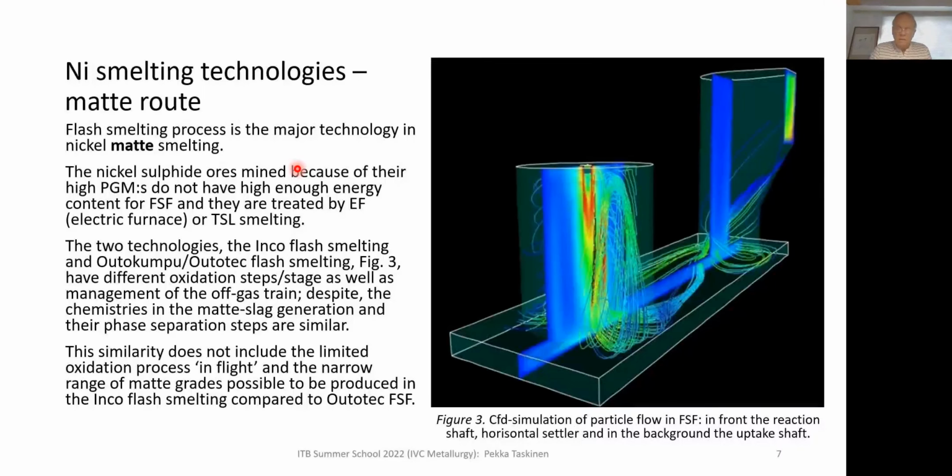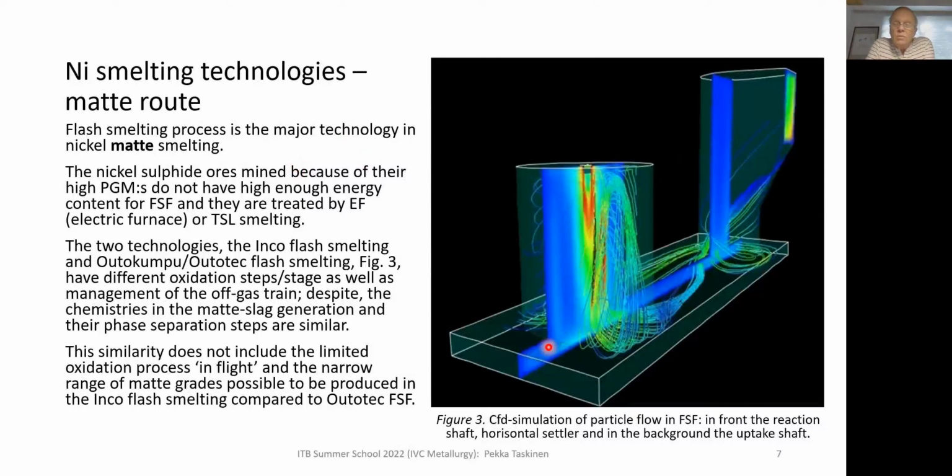It's the Canadian Inco flash melting, which is different from the Outotec or Outokumpu or Metso Outotec flash melting technology today, but the chemistries are pretty much the same, and the phenomena in the furnace, except for the high reaction shaft, which is in the Outotec flash melting furnace.